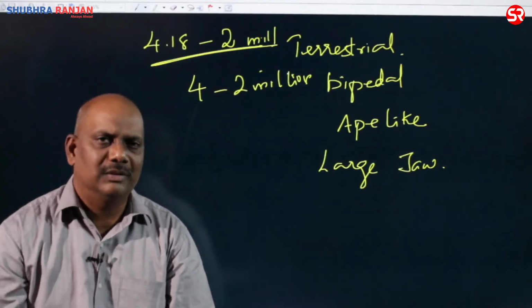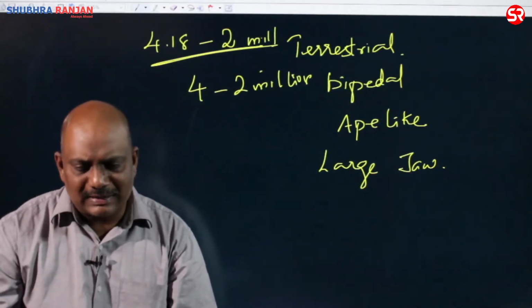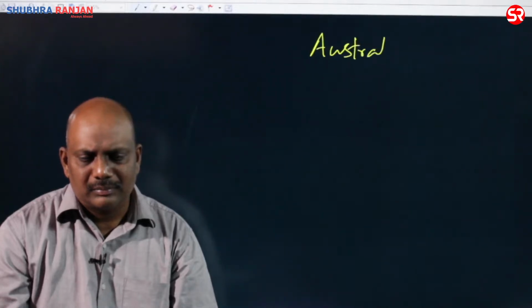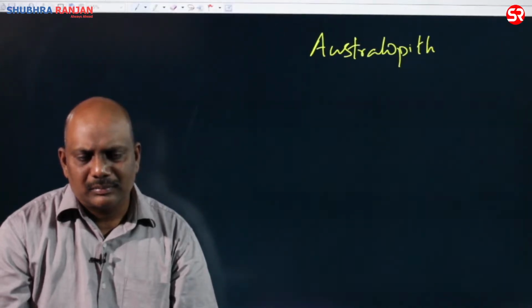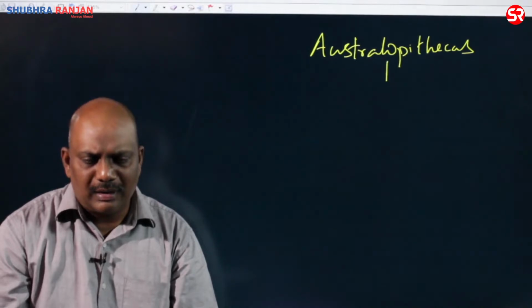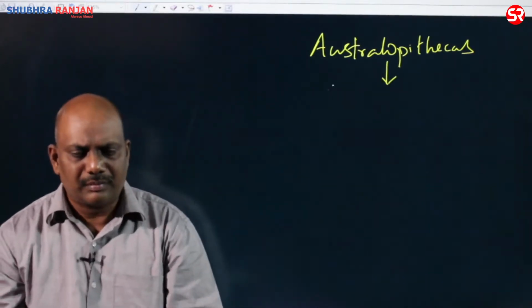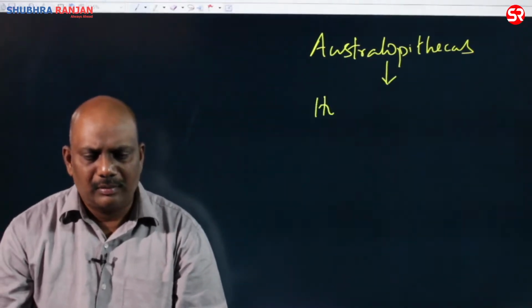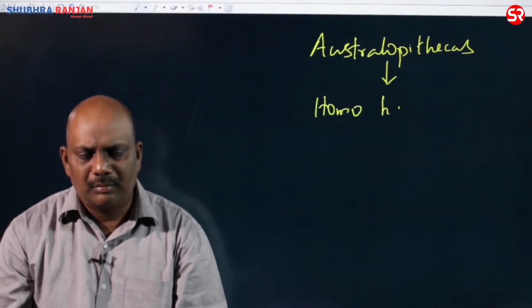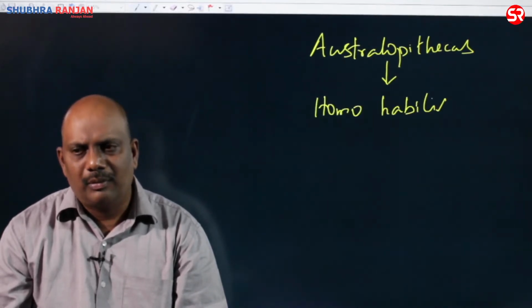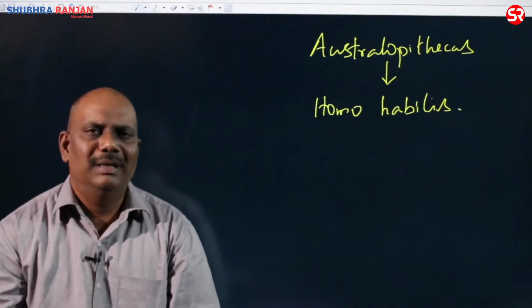By around 2 million years ago, it was evolving, and Australopithecus evolved into Homo habilis.